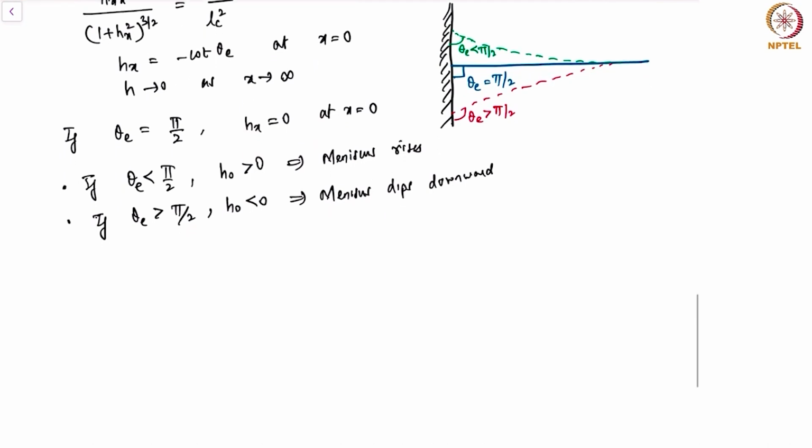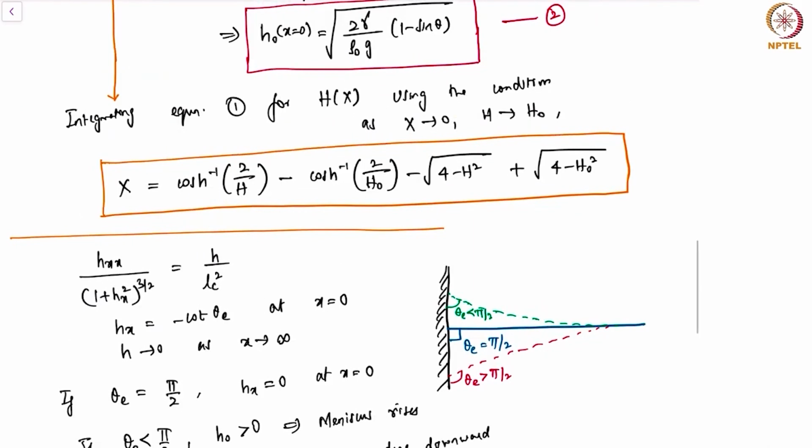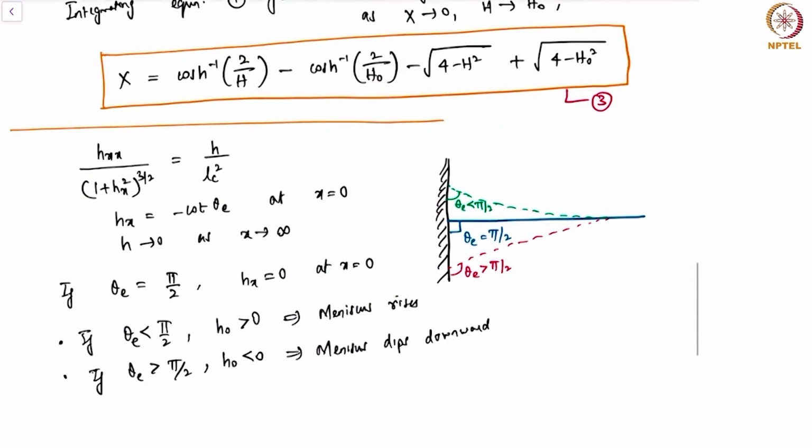So we also want to get a simpler formula for the shape, because the previous result, let's number this equation, the previous result shown in equation number 3, is too complex to give any simple physical insight.